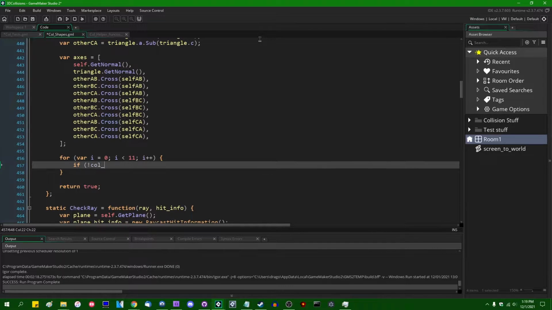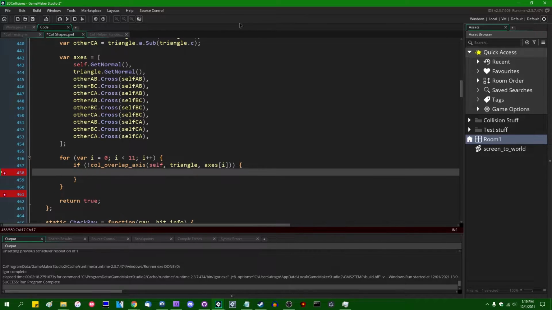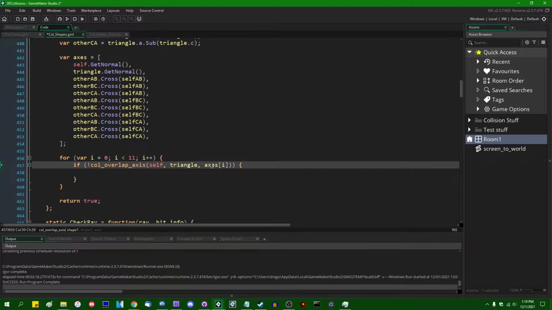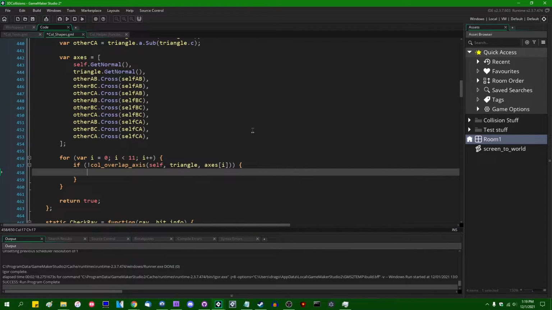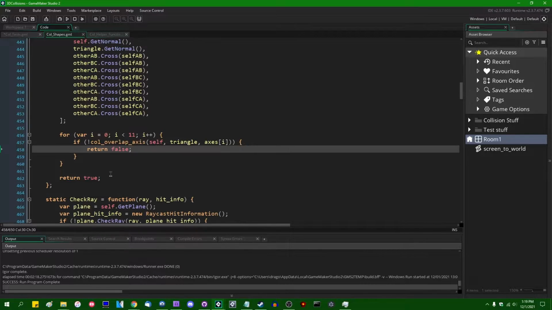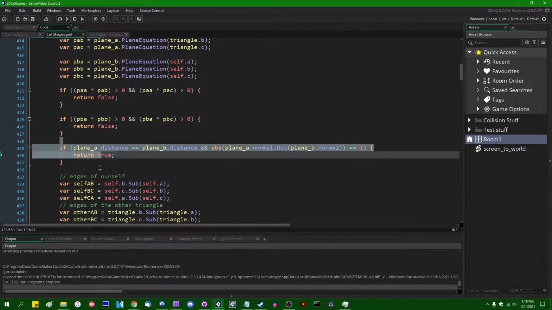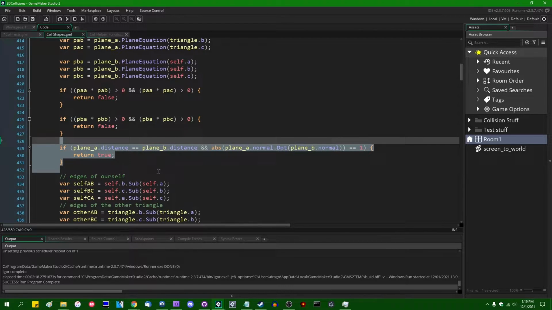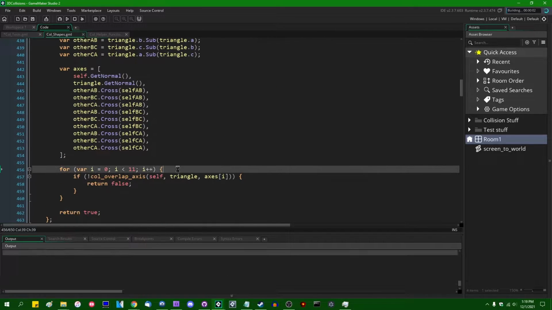If not, call overlap axis, and shape 1 is going to be self, shape 2 is going to be triangle, and the axis is going to be axes index I. So if there is an axis of separation between ourself and the other triangle on any one of these axes, we are going to return false. Otherwise, return true. And again, we are currently not accounting for the special case where the 2 triangles are coplanar. We're going to deal with that soon.